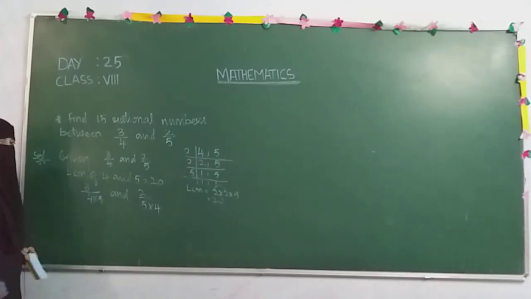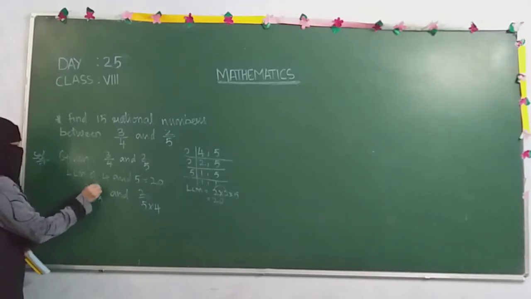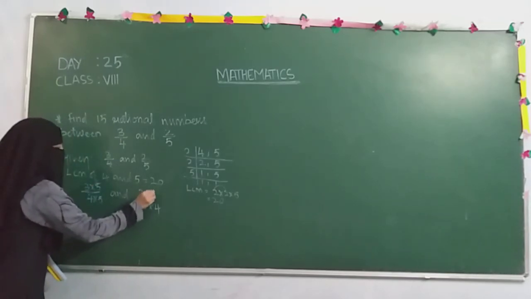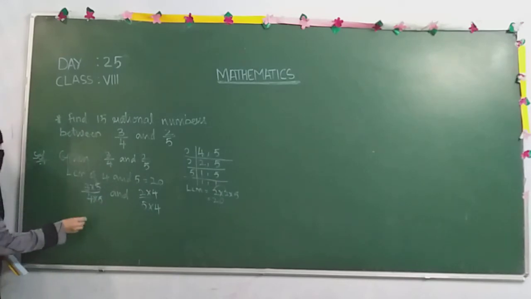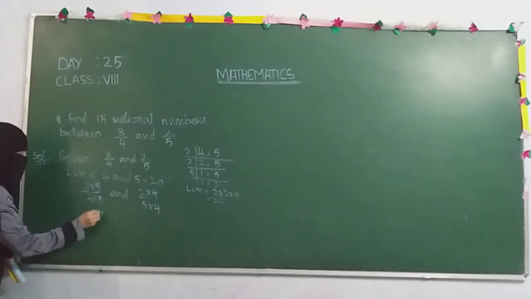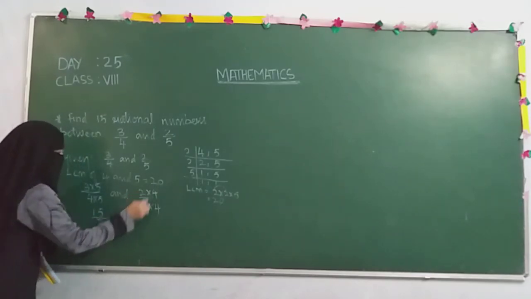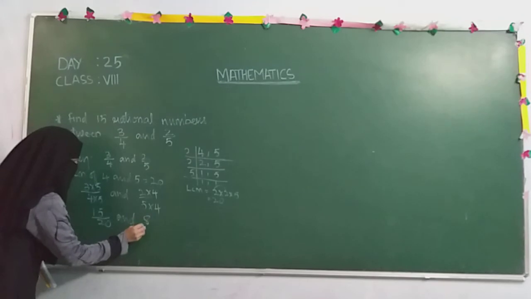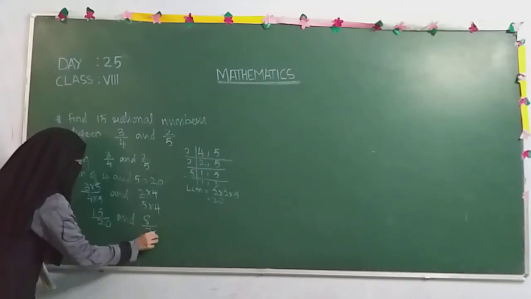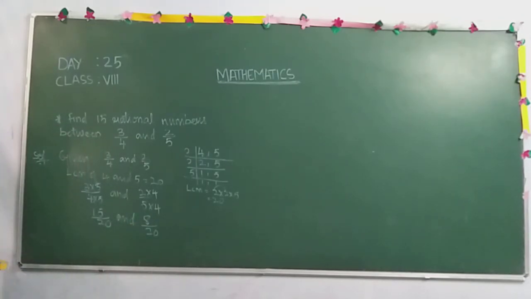Not only in the denominator, we need to multiply in the numerator as well. So here into 5, here into 4. Now 3 times 5, yes exactly, it is 15, by 4 times 5, 20. And 2 times 4, 8, 5 times 4, 20. Now we got two different numbers here, 15/20 and 8/20.